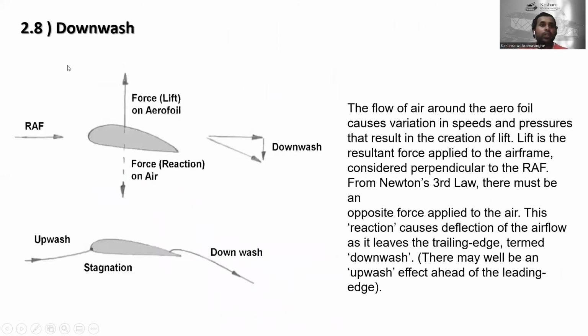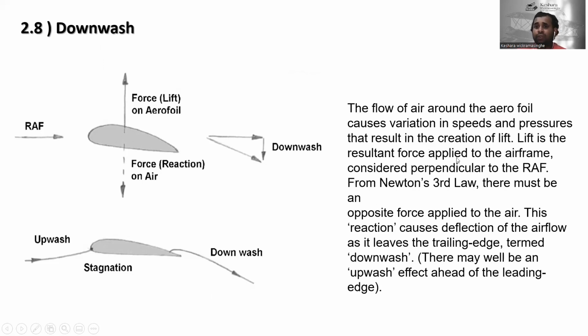So now the downwash. Here is the downwash, relative airflow is coming. The force reactions on air, then force lift on aerofoil. This is the downwash here. Now the upwash, stagnation, and downwash. The flow of air around the aerofoil causes variation in speed and pressure that result in the creation of lift.